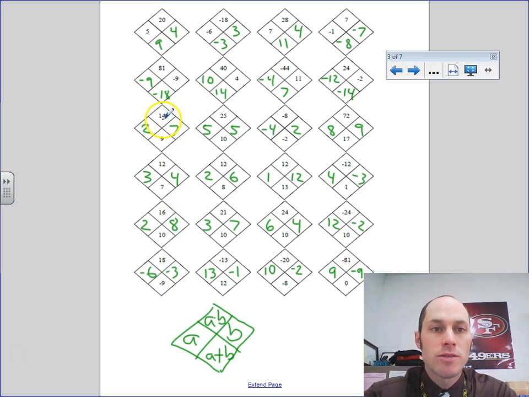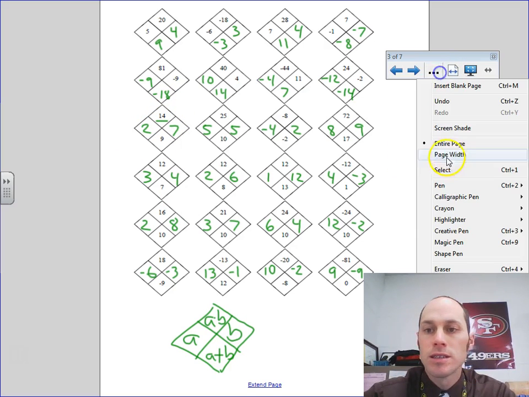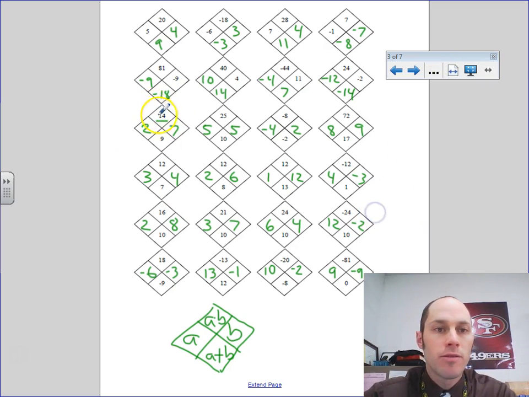And as we see the connections, if we have a positive on top and bottom, know that the ones on the side have to be positive as well. Positive, positive, positive, positive, everything's positive. But let's say we have a negative as the product. Know that we have to have one negative and one positive as our two numbers on the sides.